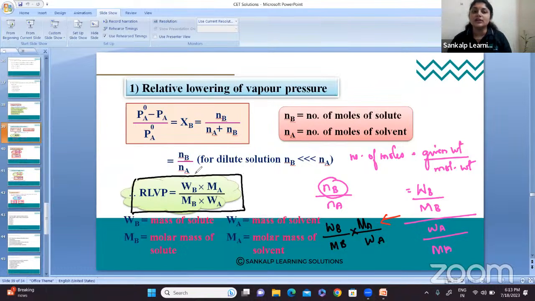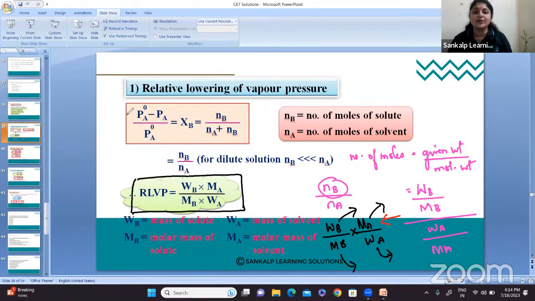Now what are the terms involved? WB is the weight or mass of the solute, and MB is the molecular mass or molar mass of solute. WA is the mass of solvent, and MA is the molar mass of solvent. So this is relative lowering of vapor pressure.